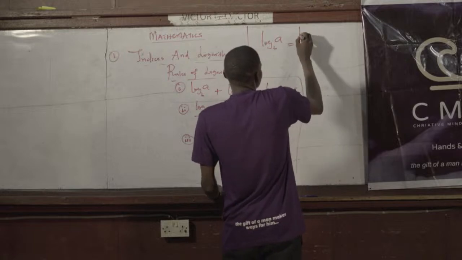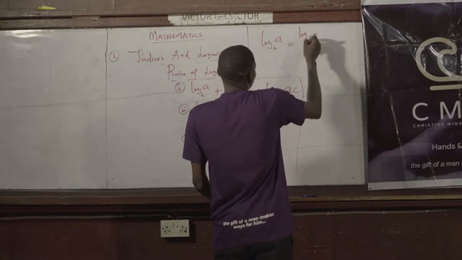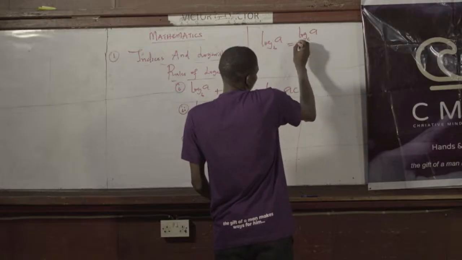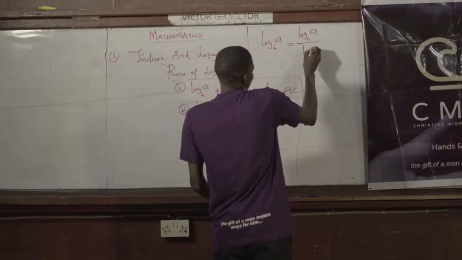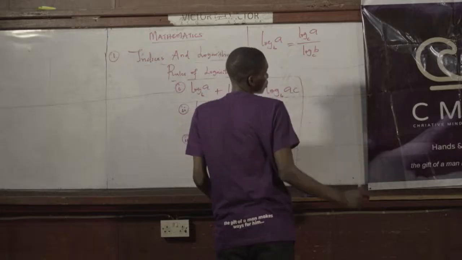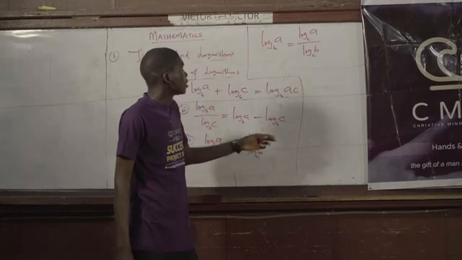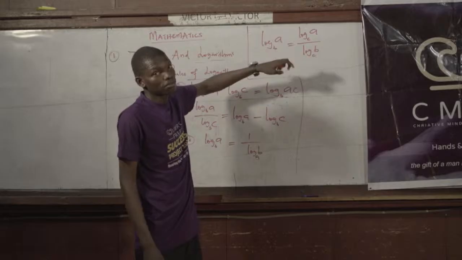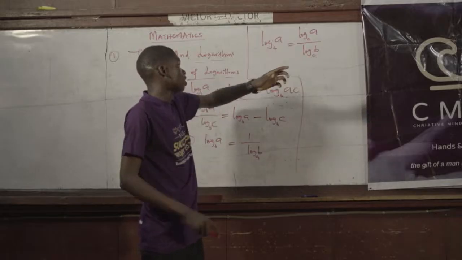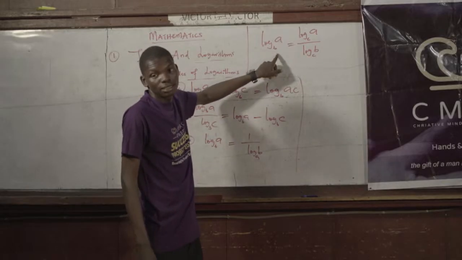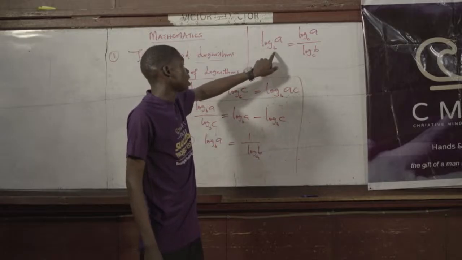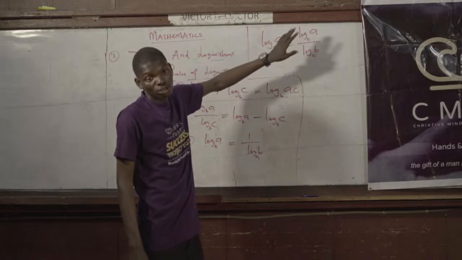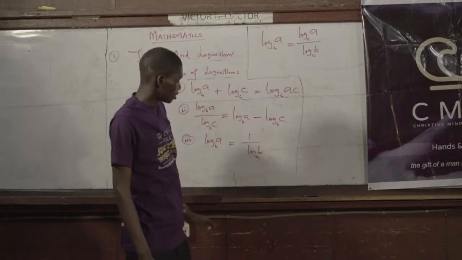This is the same as log a base c over log b base c, where we can choose another base c. You can see that we've totally eliminated base b. This is also useful in simplifications of logarithm.